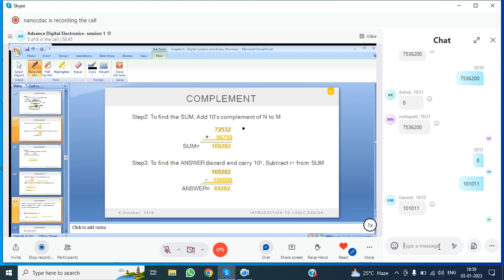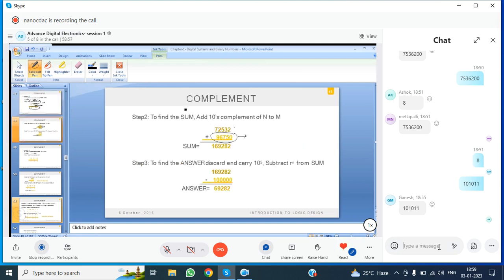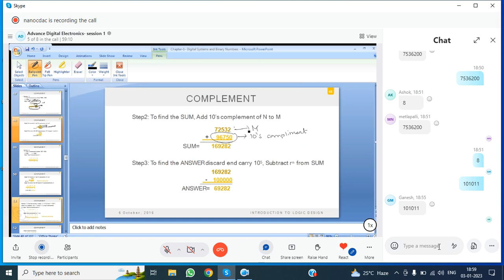Second step, to this 96750 you are adding m, 72532. So this is m and this is the tens complement of n.